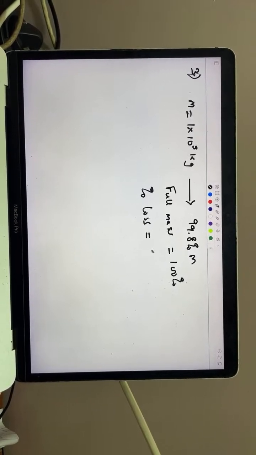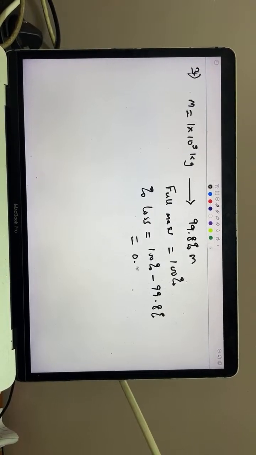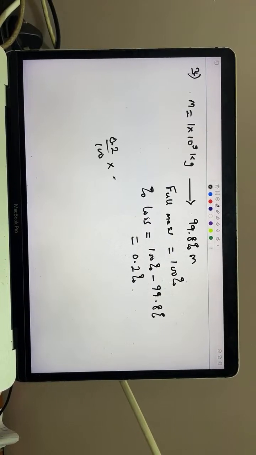So we can just calculate percentage loss. The percentage loss will be 100% minus 99.8%. That's 0.2%. Now we will find how much of this mass is 0.2%. So 0.2 over 100 times 1 times 10 raised to power 5.